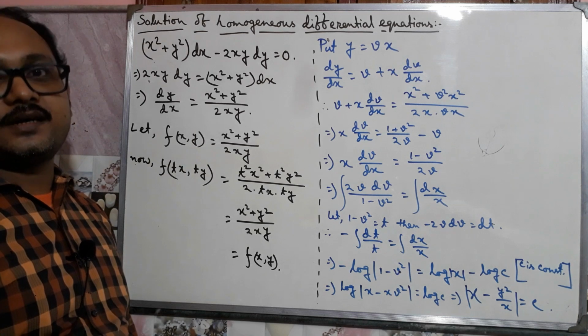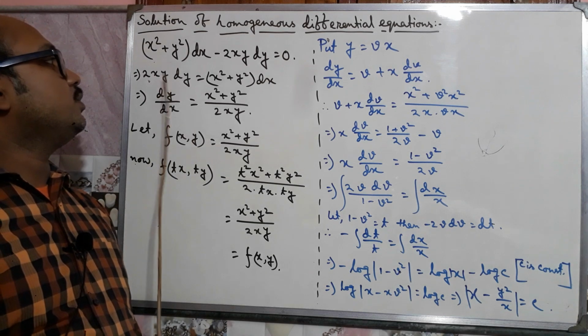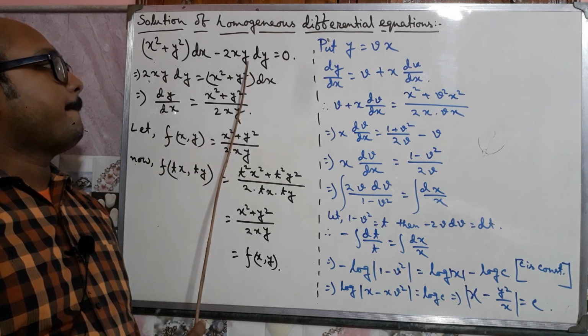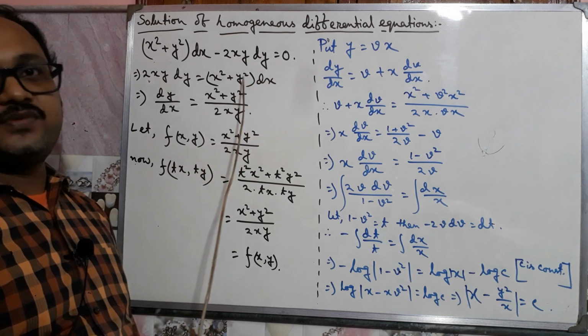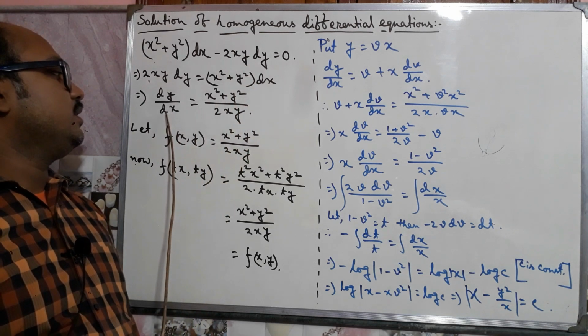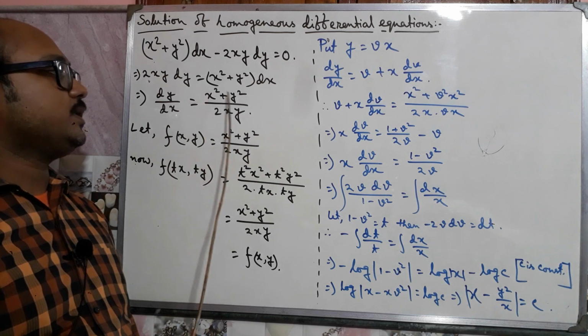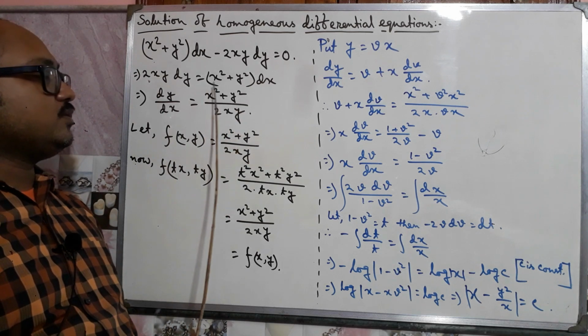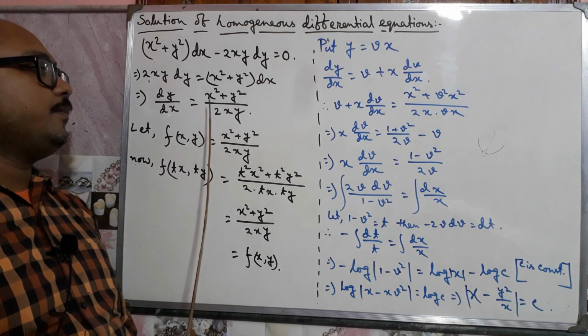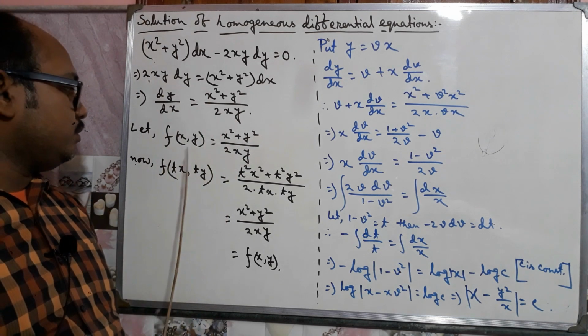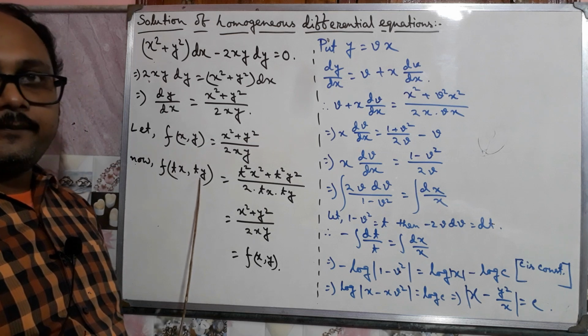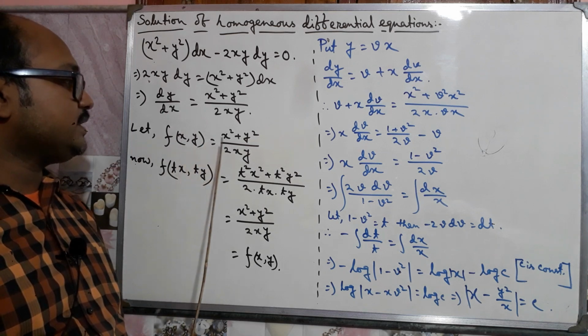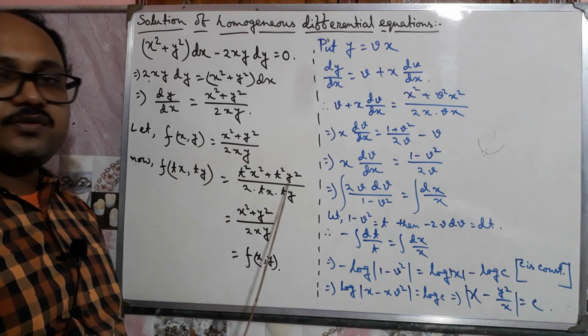How can we check? If we arrange this given differential equation, it will be dy/dx equal to (x square plus y square) by 2xy. Let f of x, y be equal to this one, (x square plus y square) by 2xy. Now, f of tx comma ty, that means we have to replace x and y by tx and ty.